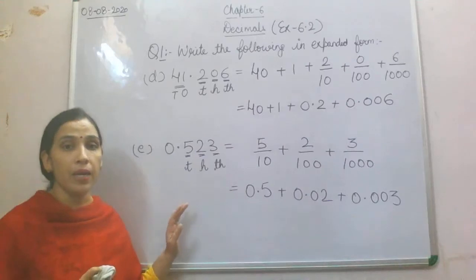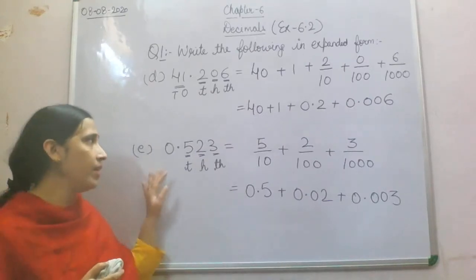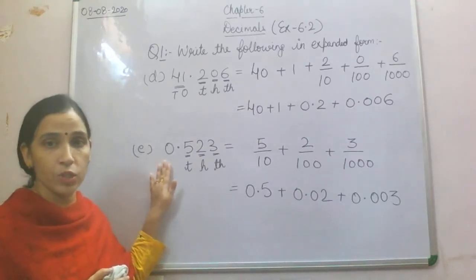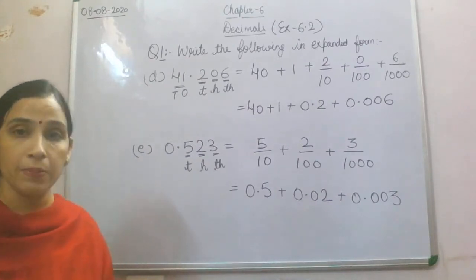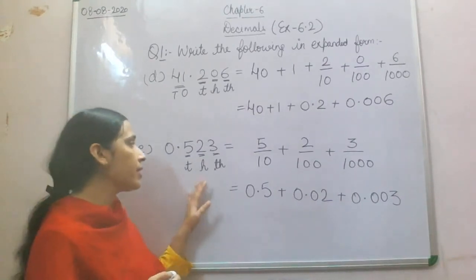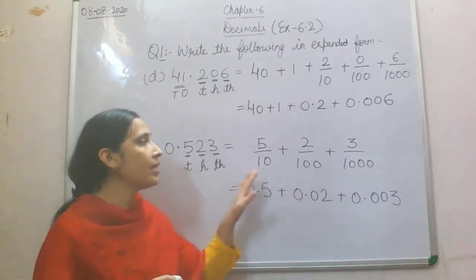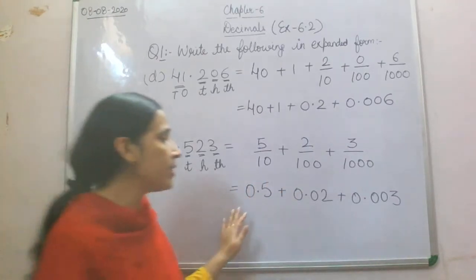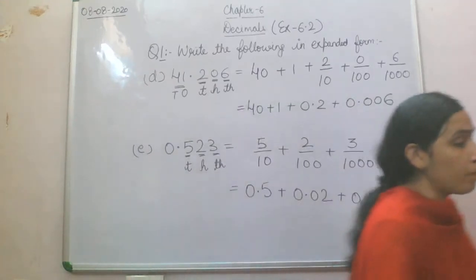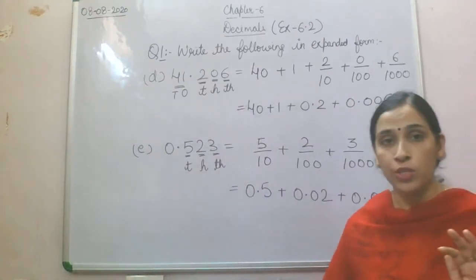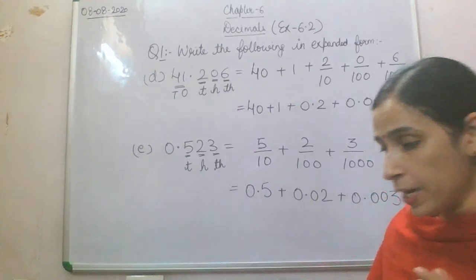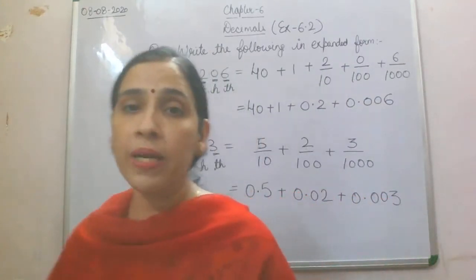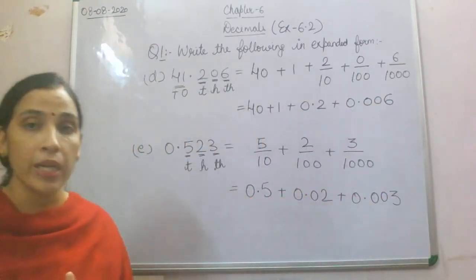And in E part we have seen we don't have any whole number digit, but we have only decimal places. So we'll write tenths, hundredths and thousandths place, and then dividing it by 10, 100 and 1000, and then we'll write it into decimal form. So this is your expanded notation which we have done today. I hope that expanded notation will be clear to everyone. There will be no doubt.